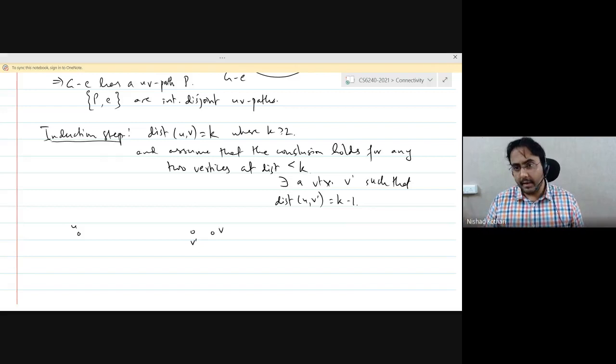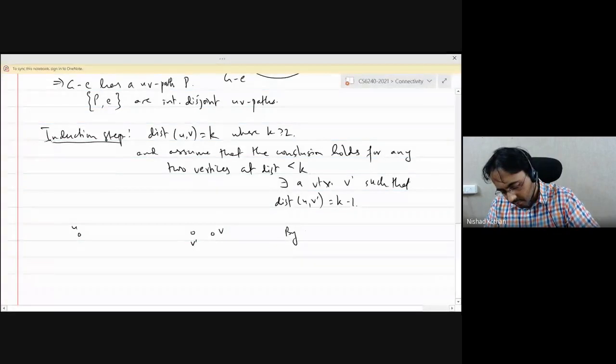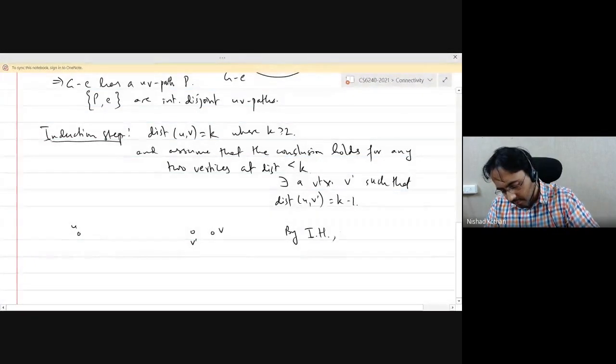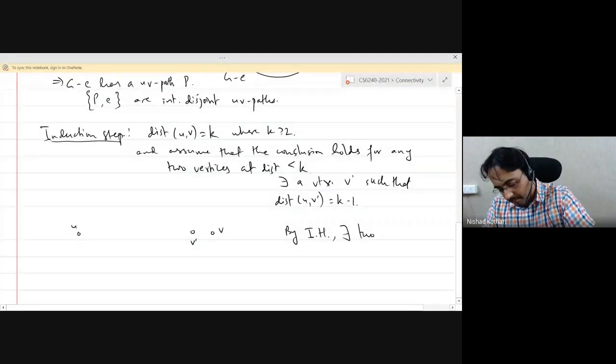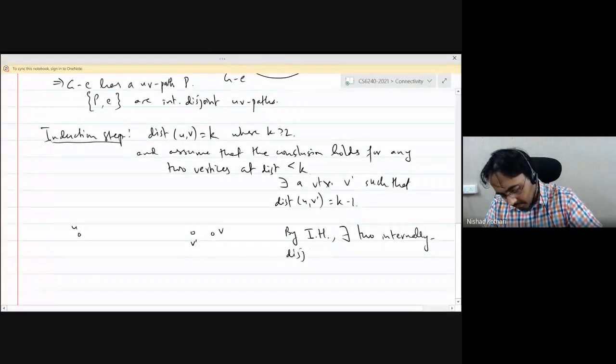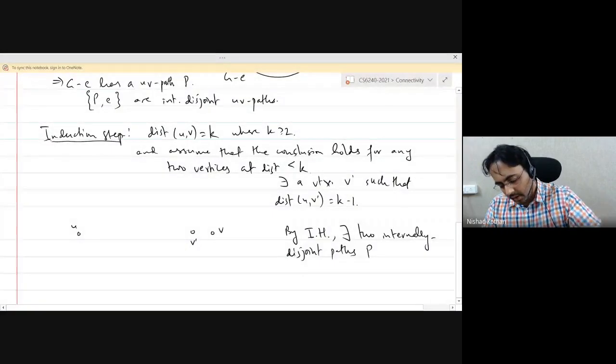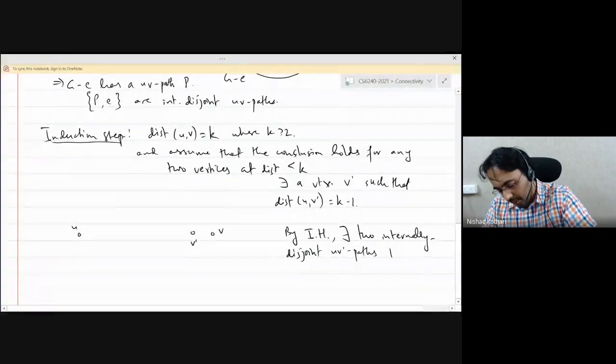Well, we want to apply the induction hypothesis, right? So what can we say by the induction hypothesis? We can get two paths between U and V prime, P prime and Q prime.